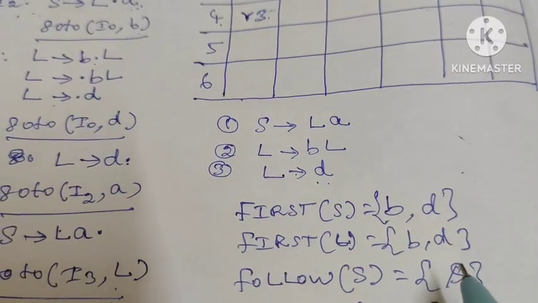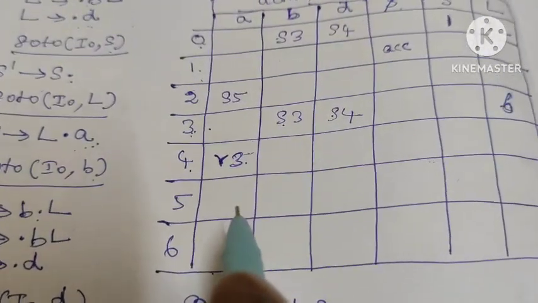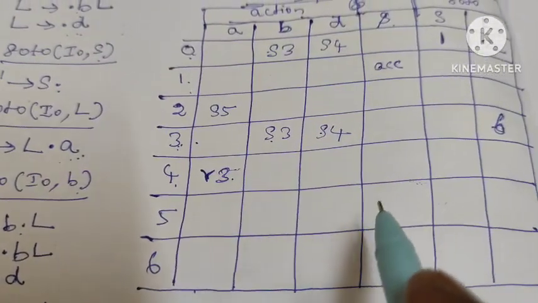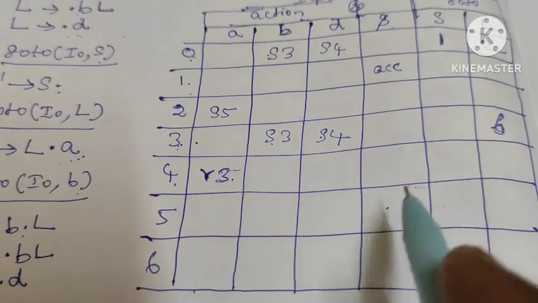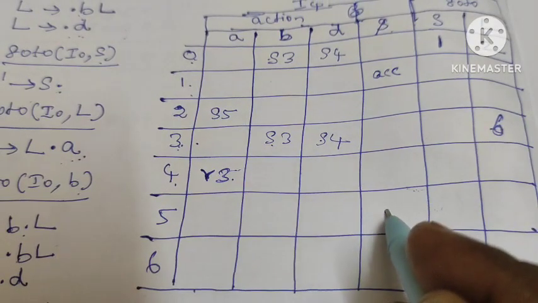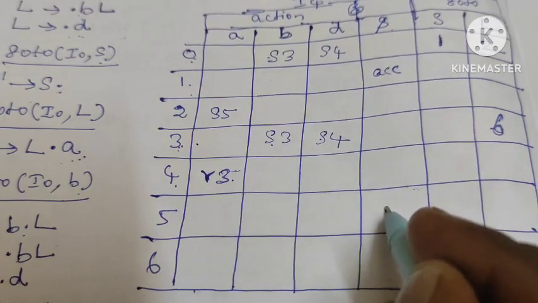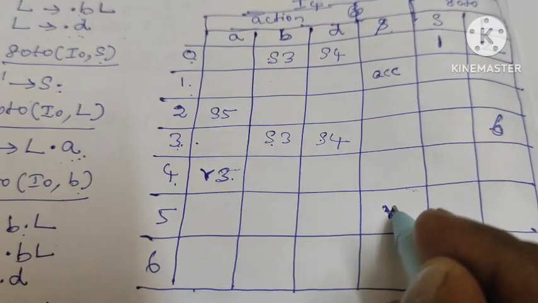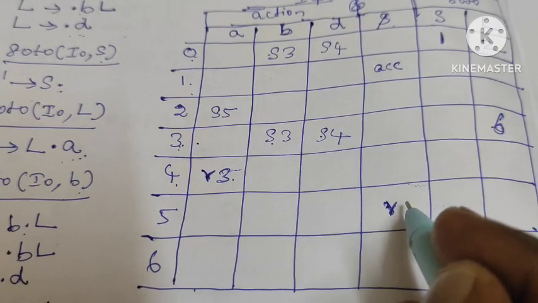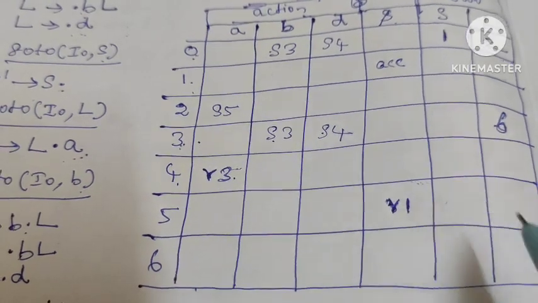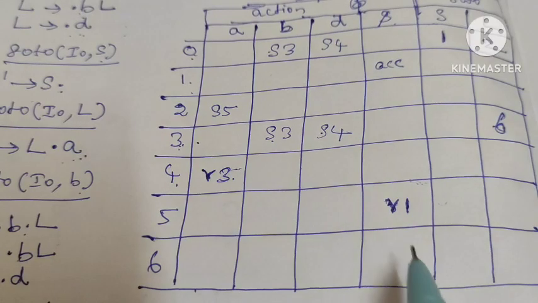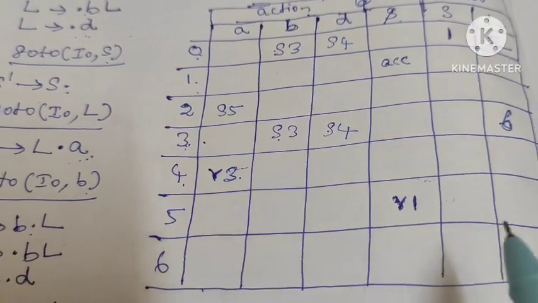So in I5, under dollar, write it as production number 1, because dollar is the follow, so that's why I'm writing it as R1 here.